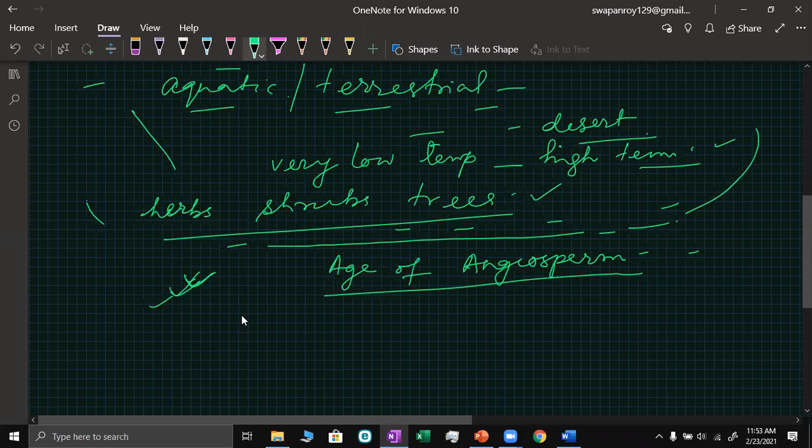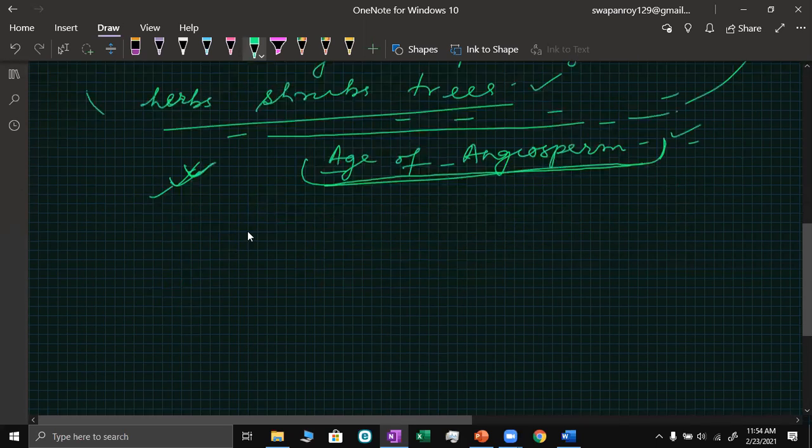This has developed due to the faster mutation in the angiosperm. Mutation is very fast, and as the mutation is there, a new species is evolving. This way the angiosperm is very, very successful.